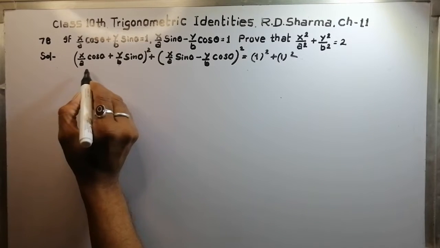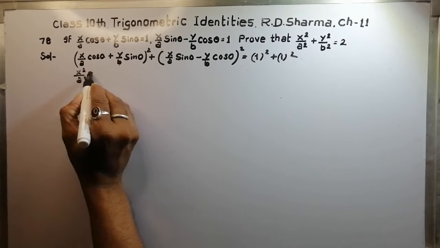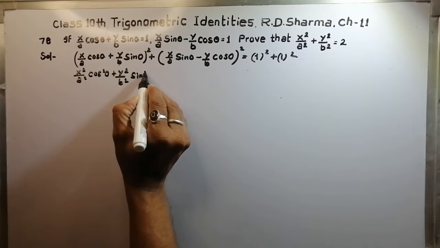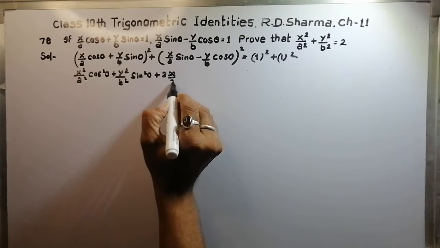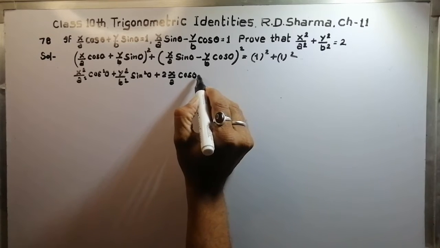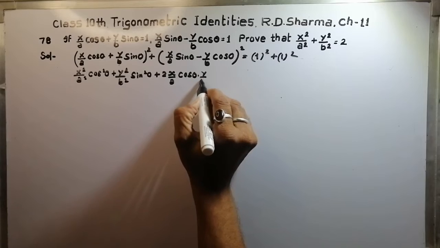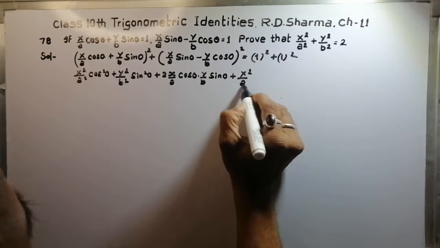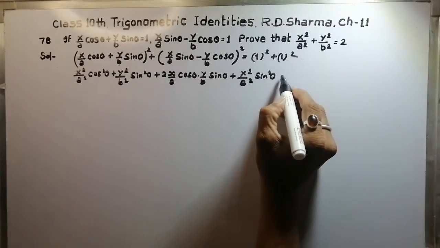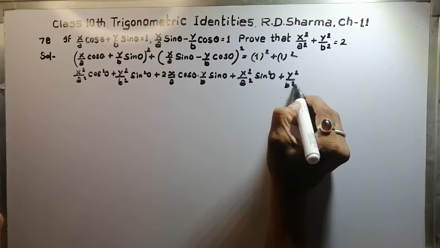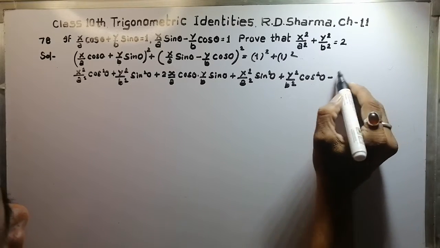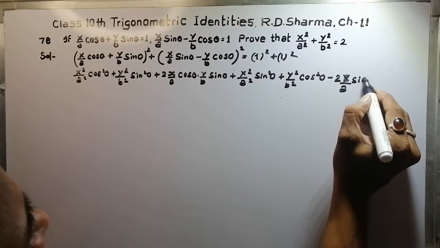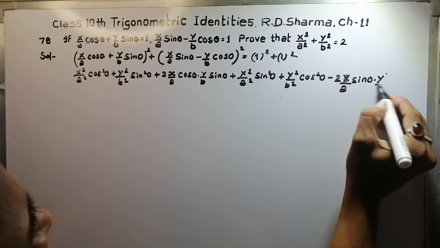Now x square by a square cos square theta plus y square by b square sin square theta plus 2x by a cos theta into y upon b sin theta, and this will be x square by a square sin square theta plus y square by b square cos square theta minus 2x by a sin theta into y by b cos theta.